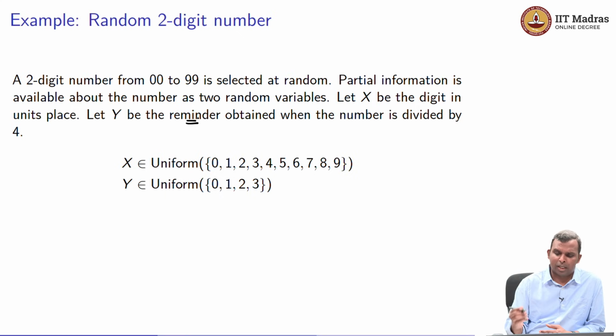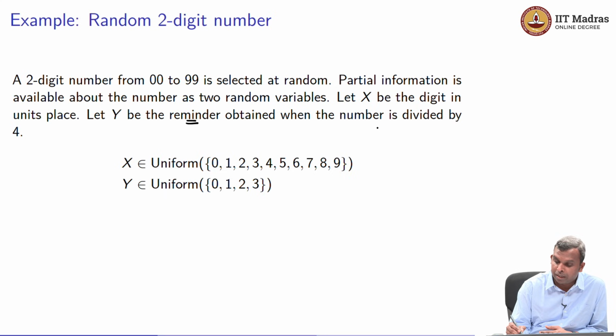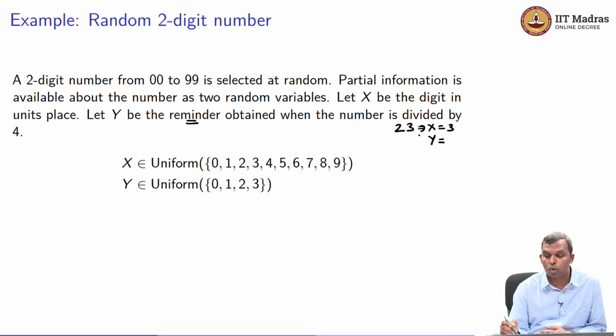Let's see a few examples. Let's say the number is 23. Suppose the outcome is 23, then X is 3, and what will be Y? If you divide 23 by 4, you get remainder 3, so Y also becomes 3. Let's take another case, 48.